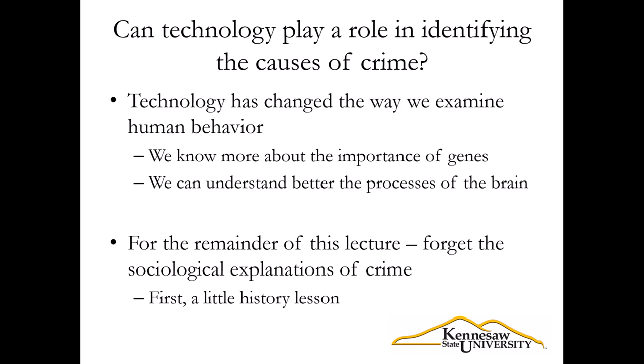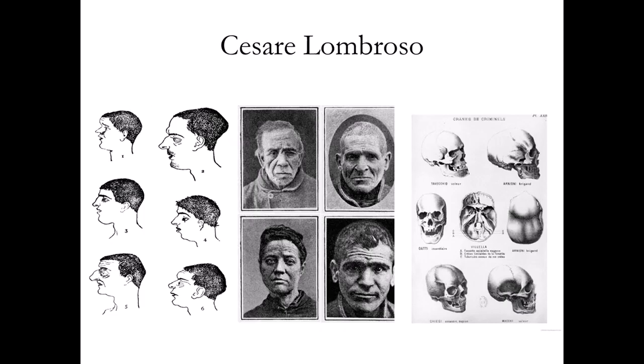So technology as it relates to this has affected the way that we think about causes of crime, right? Just to give you guys a little bit of a history lesson so you can put the readings for this week into context.